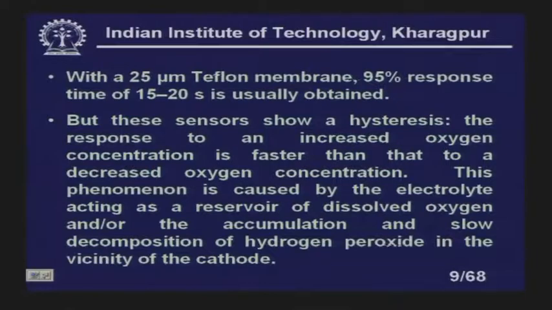That is what I am saying, there is some sort of hysteresis in the system. This phenomenon is caused by the electrolyte acting as a reservoir of dissolved oxygen, or the accumulation and slow decomposition of hydrogen peroxide in the vicinity of the cathode.